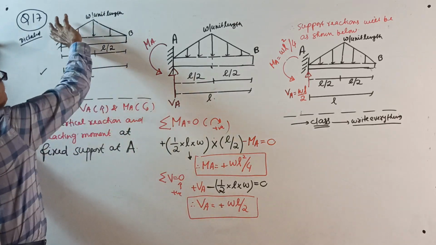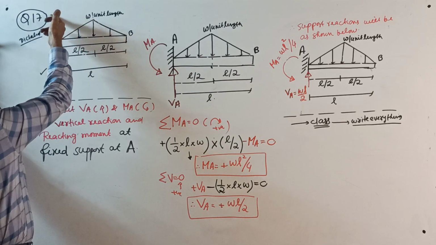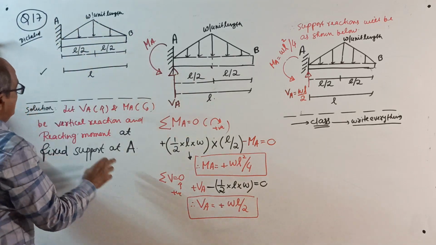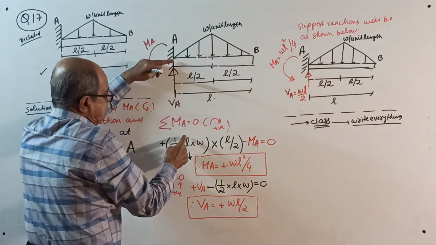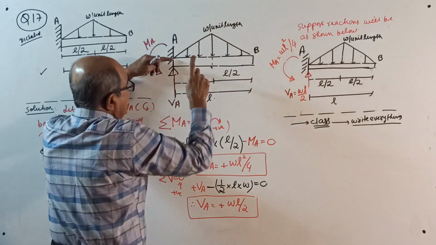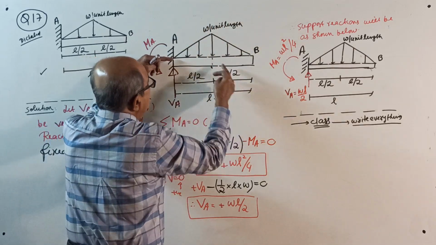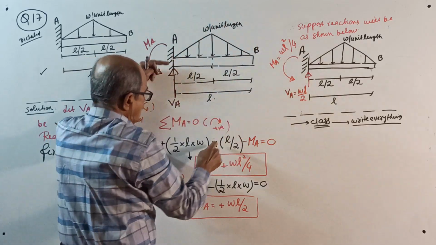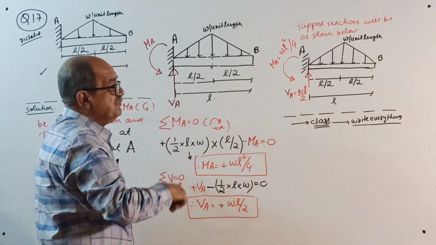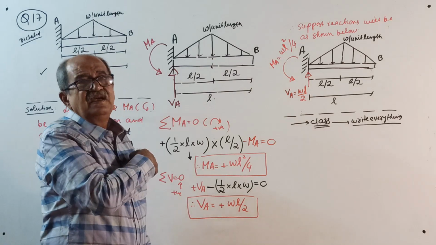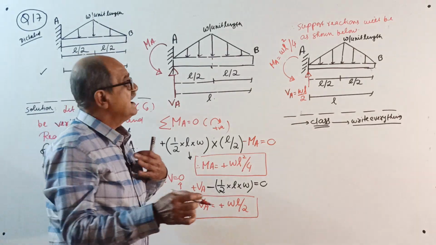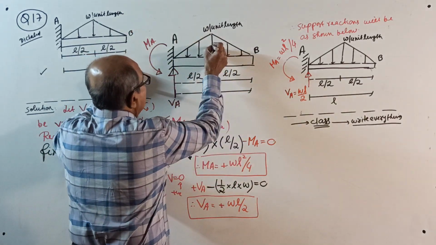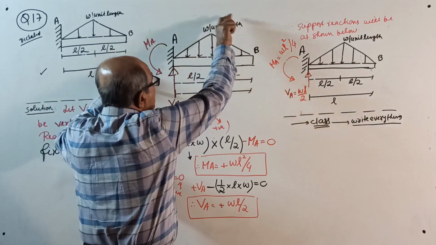Reaction up, this will create clockwise moment; reacting moment anti-clockwise. Take moment about A. Clockwise plus total load, directly one step: half into L into W is the total load, multiplied by the distance. Since it is a uniformly varying load represented by an isosceles triangle, the centroid will be exactly at the center, for the entire triangle.